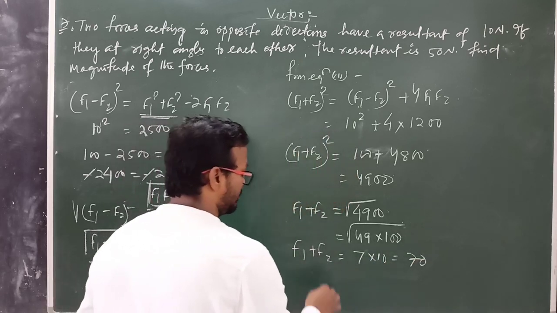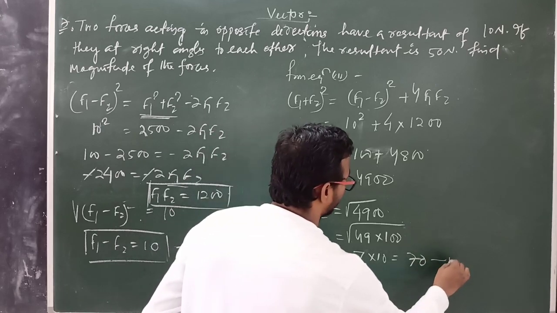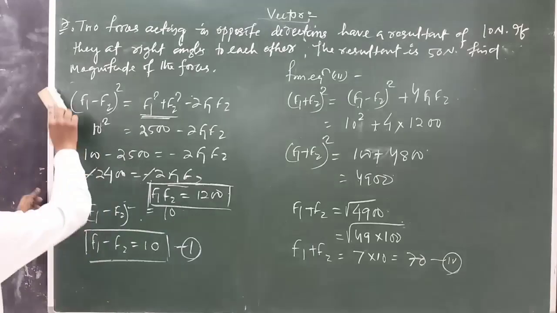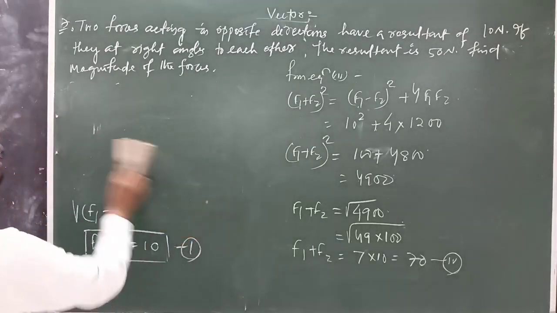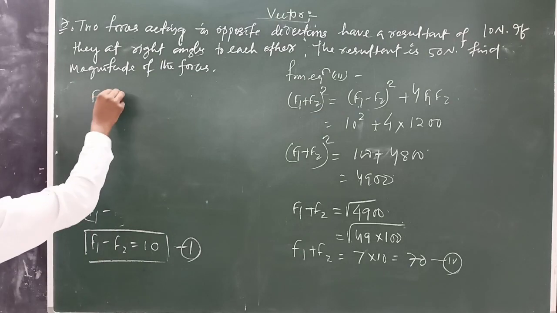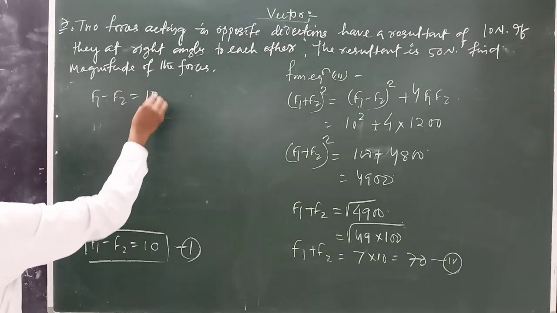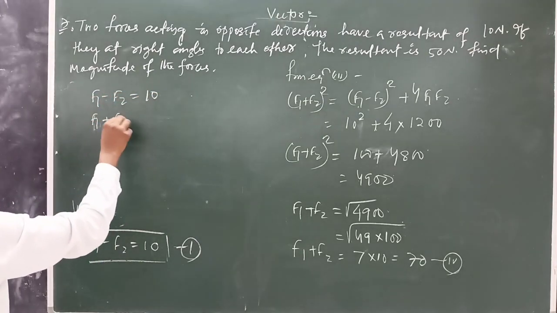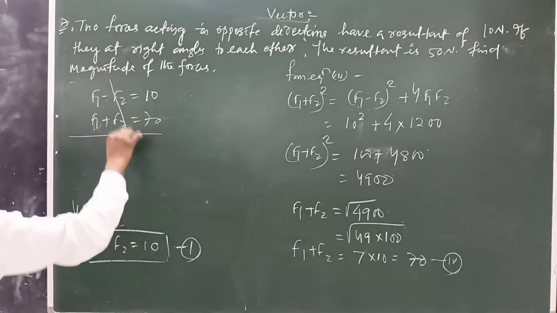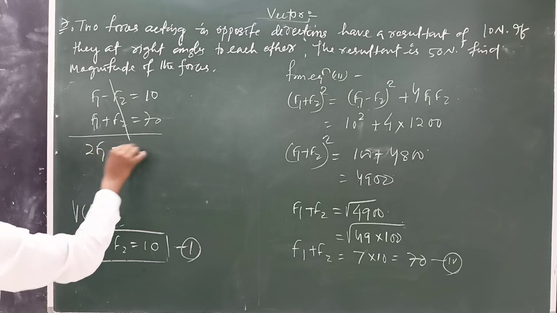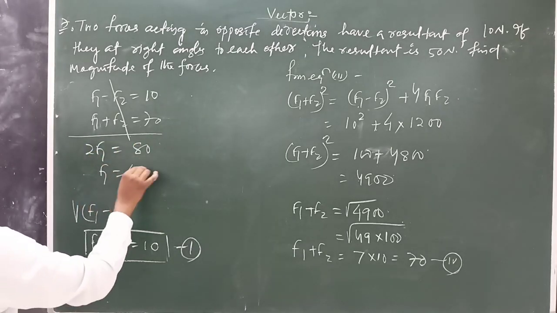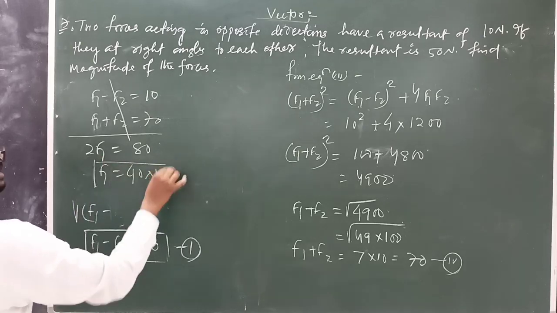Clear? So we got the value of f1 plus f2. This is equation number 4, and this is equation number 1. Now solve equations 1 and 4. We can write f1 minus f2 equals 10 and f1 plus f2 equals 70. Now add these two equations, f2 cancels, then 2f1 equals 80 and f1 equals 40 Newton.